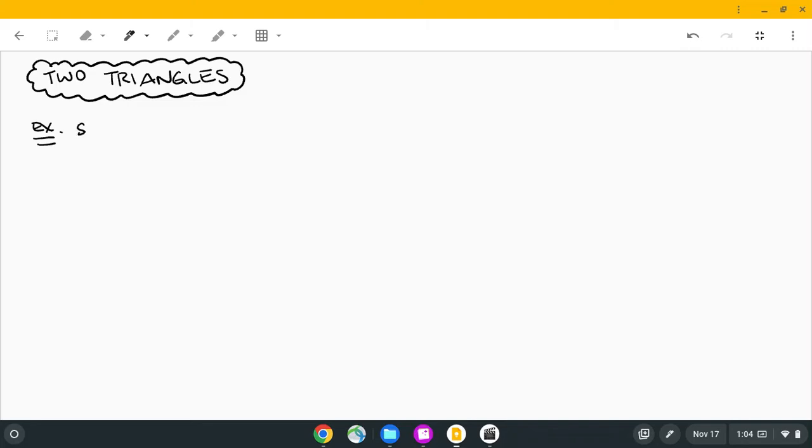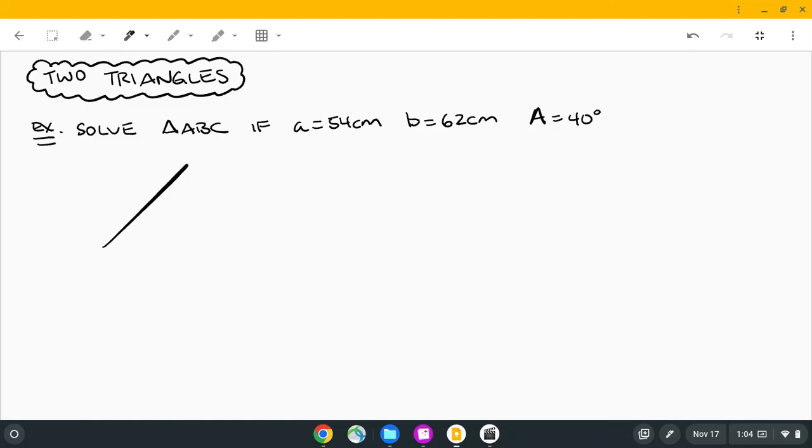All right, so let's take a look at this one. Solve triangle ABC if a equals 54 centimeters, b equals 62 centimeters, and, no, c, A equals 40 degrees. Again, I like to draw my triangle.